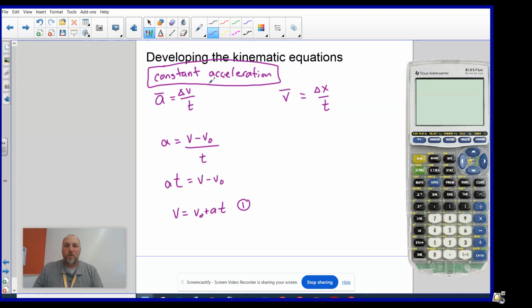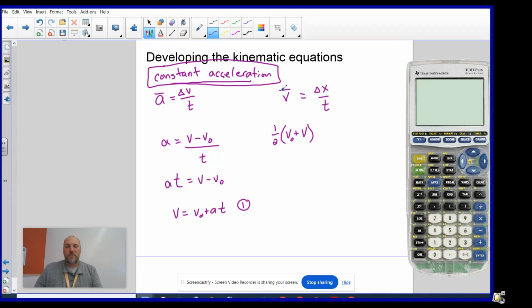So only for constant acceleration, I can write the average velocity as 1/2 times v initial plus v final. If you want to find your average score between two tests, you would add them up and divide by 2. So that's what we're doing here, but just keep in mind, and you will see this in some resources as an equation, that this average only works because we have constant acceleration.